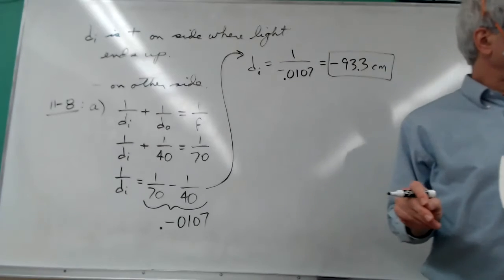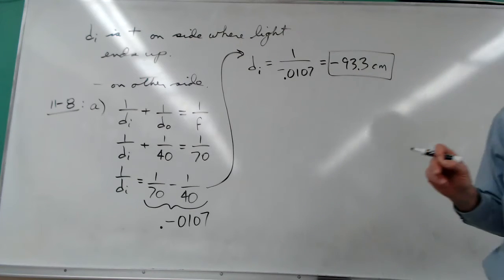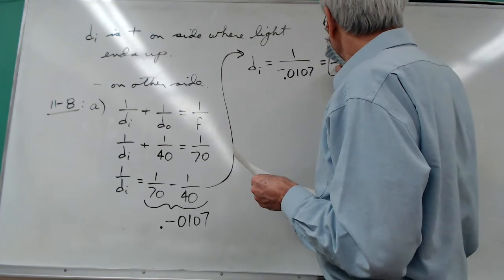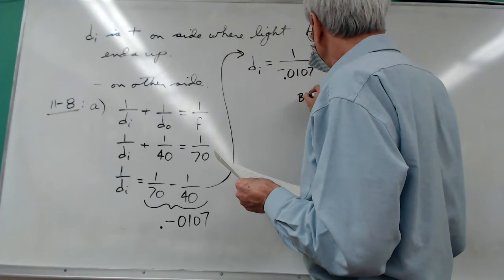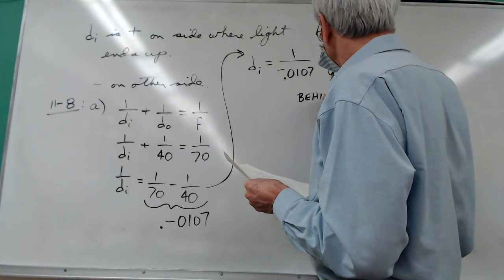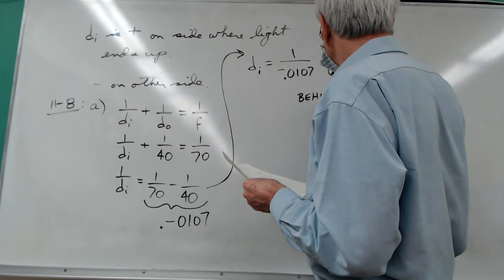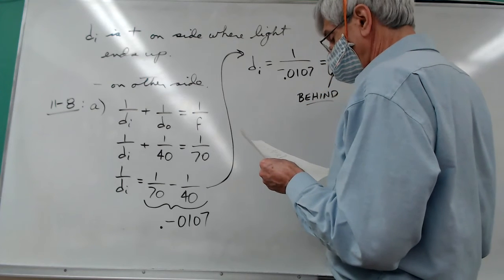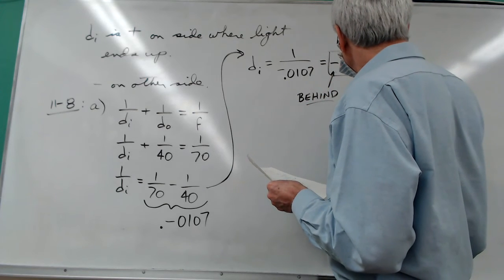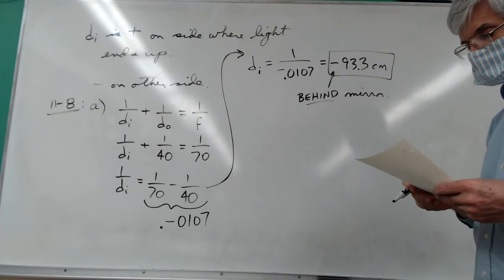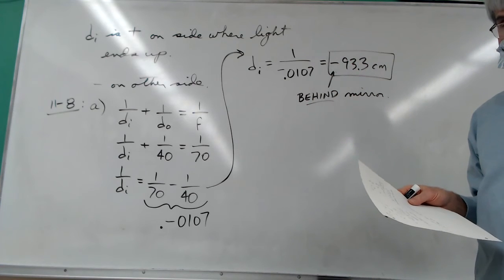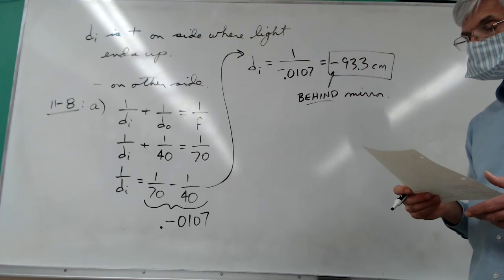So there's the location of the image, where the minus sign is there because it's behind the mirror. Which is where you would find a virtual image. So that means it's a virtual image.